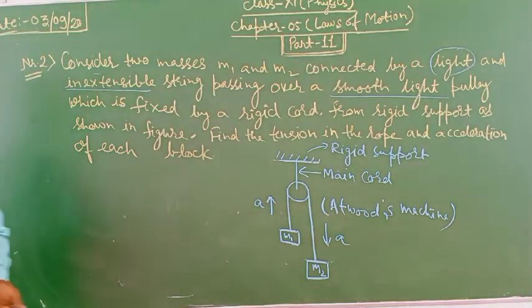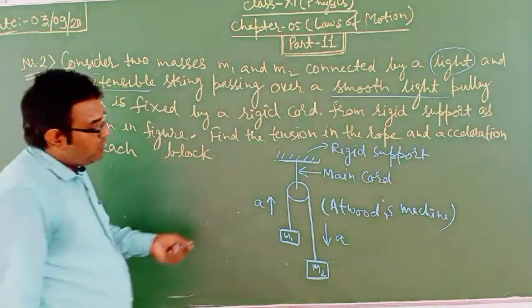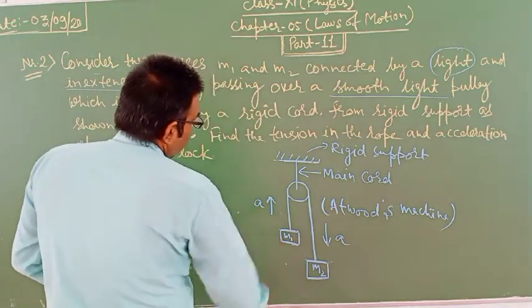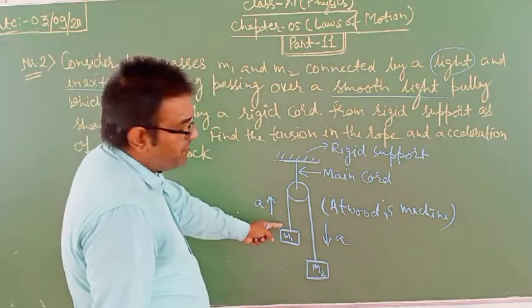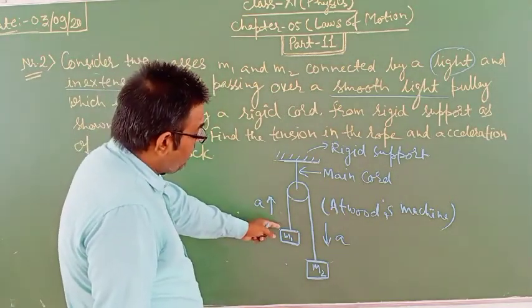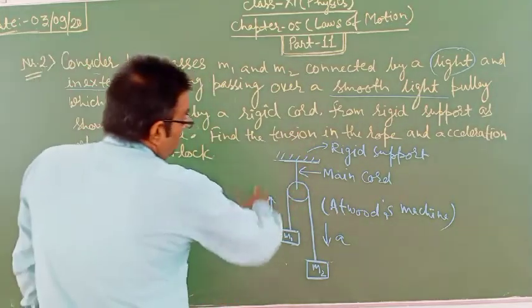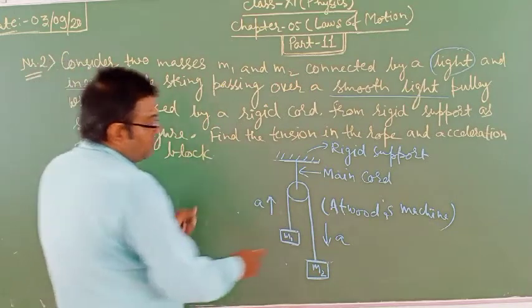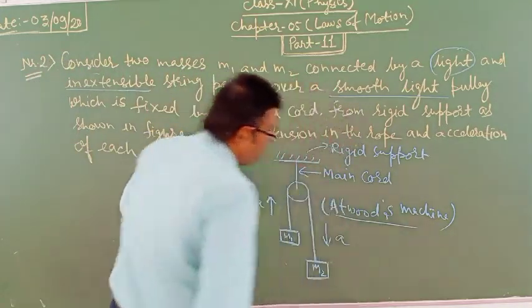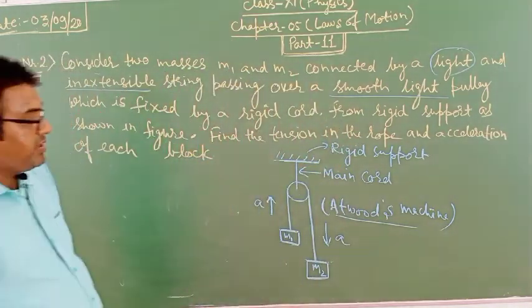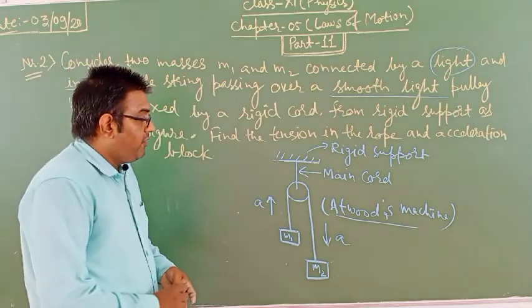So for this we have to draw the free body diagram. To solve this problem, we have to draw the free body diagram for each and every component of this system. This system is known as an Atwood machine.